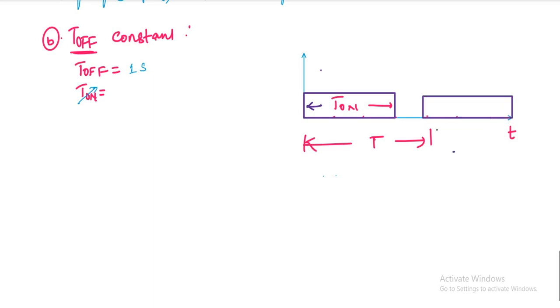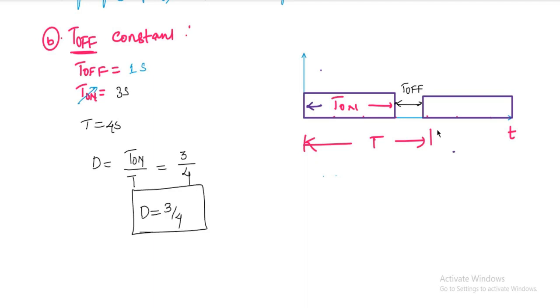This is the turn off period. Turn on period is 3 seconds here and total time period is 4 seconds. So the duty ratio, that is T on by total time period, is 3 by 4.